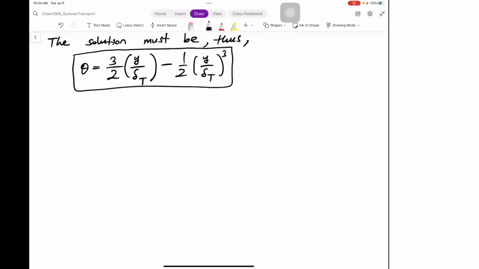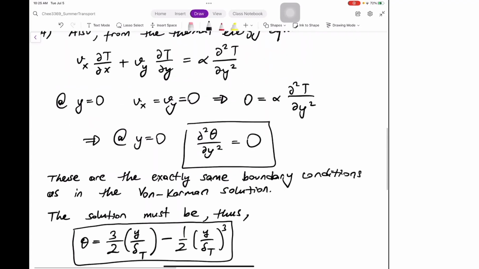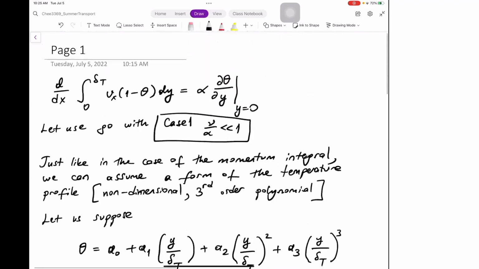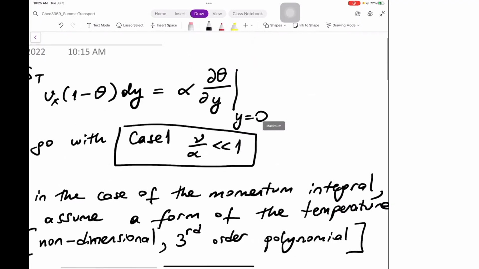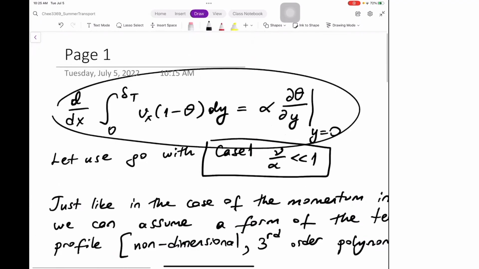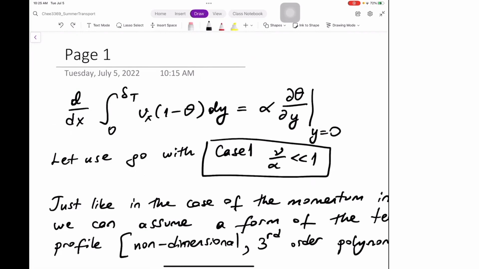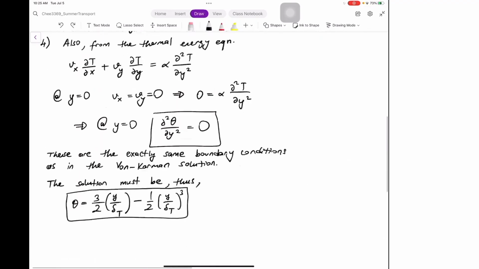So what are we going to do now? Now we're going to go back to this integral equation, right? This one. And we're going to substitute, instead of Vx, V infinity, because we know that for this case, the Prandtl number much smaller than 1, we should get Vx is almost always equal to V infinity. So let's write it.